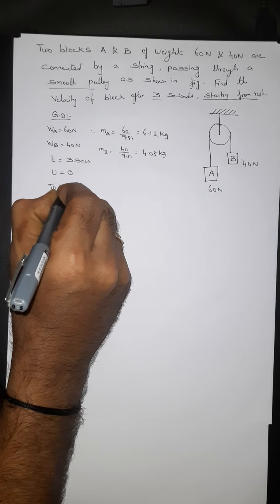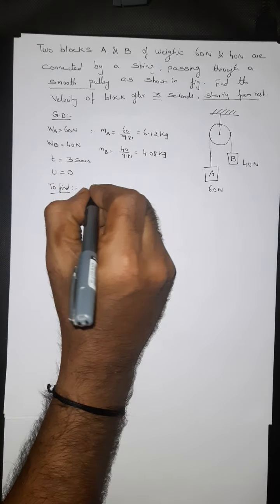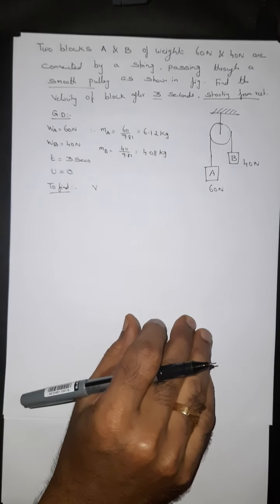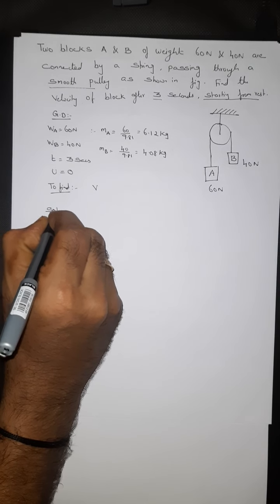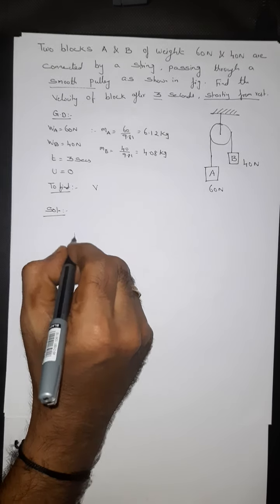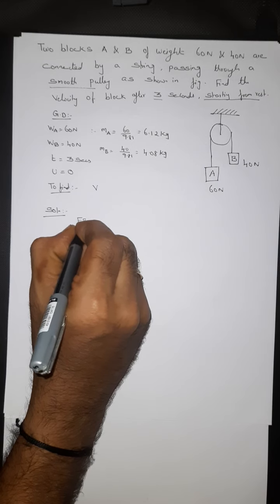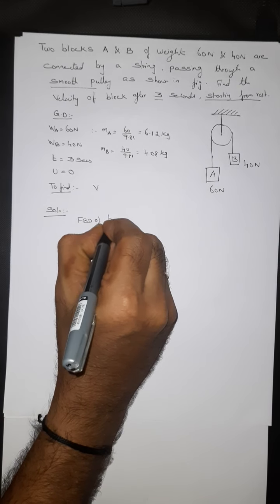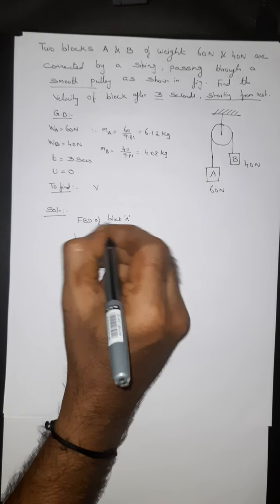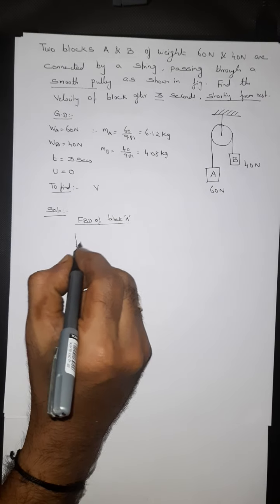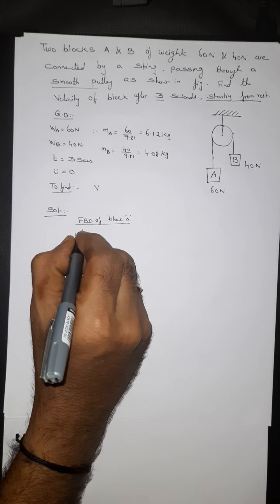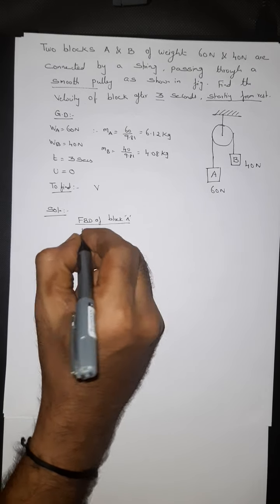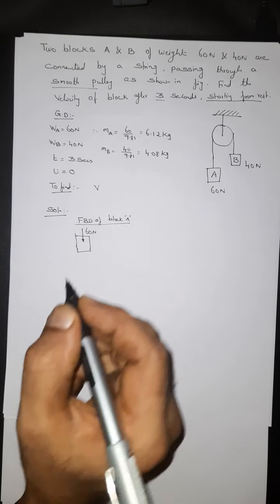What to find? Find the velocity of the block. Fine. Solution. Let me draw the FBD of block A. It has a weight of 60 Newton.